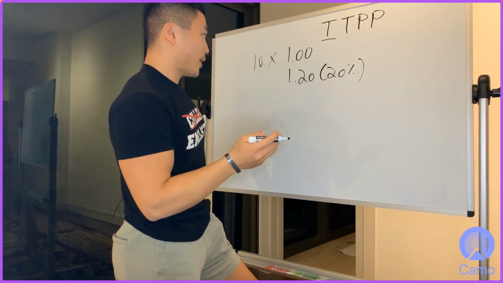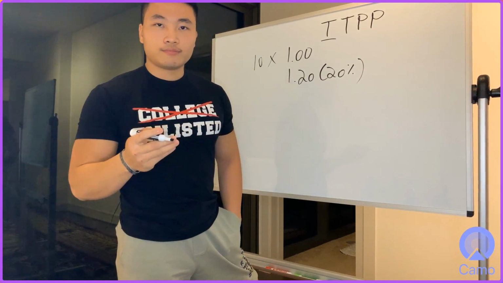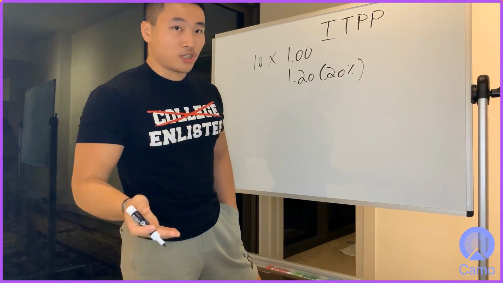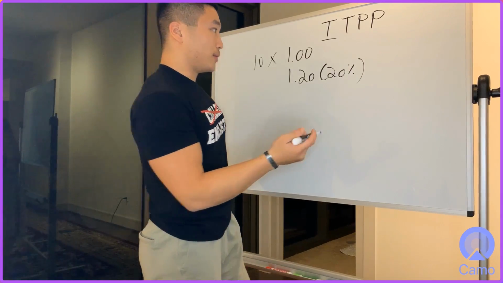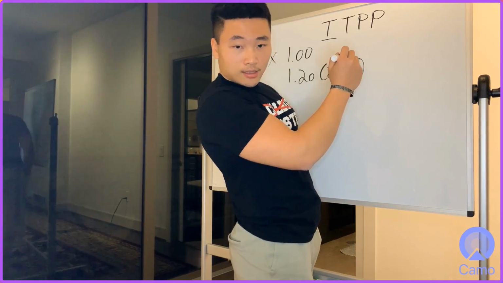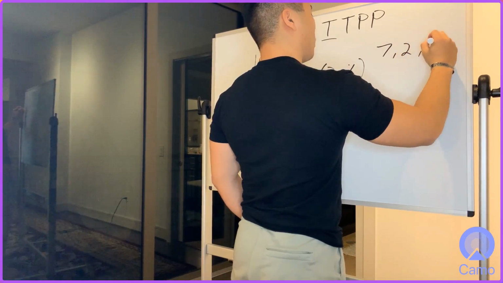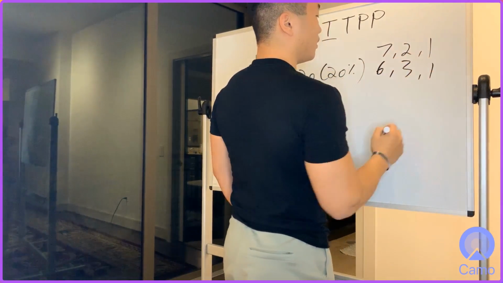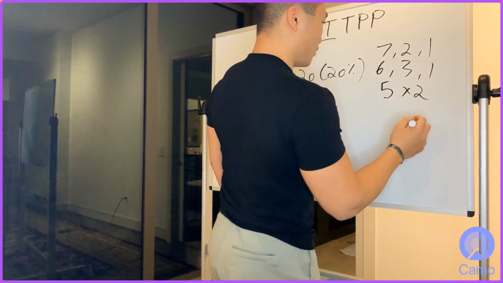You can trim in whatever sequence matches your preference. For example, you can trim by 7, 2, 1, or 6, 3, 1, or 5 times of 2.